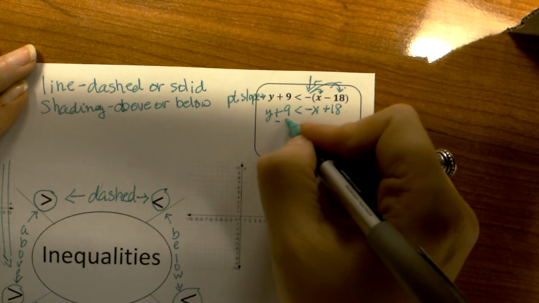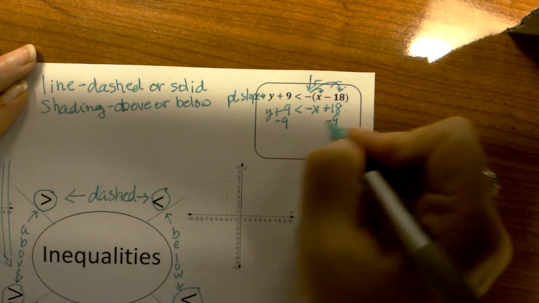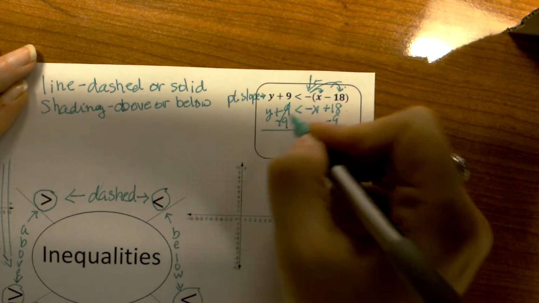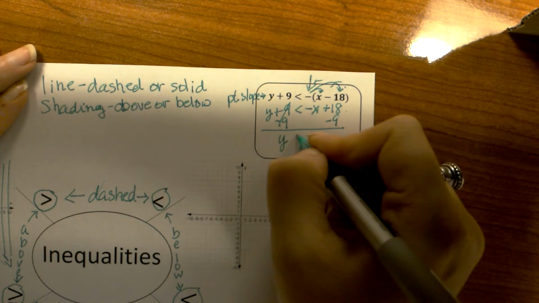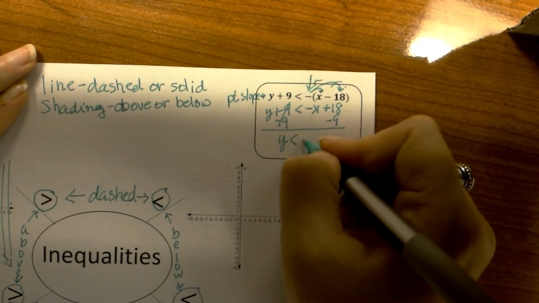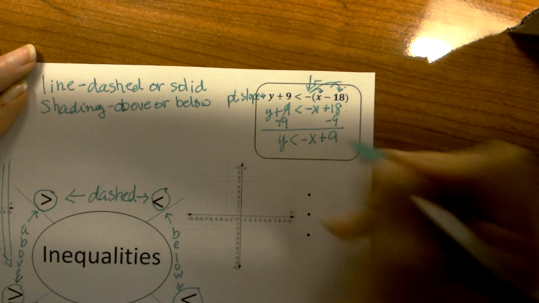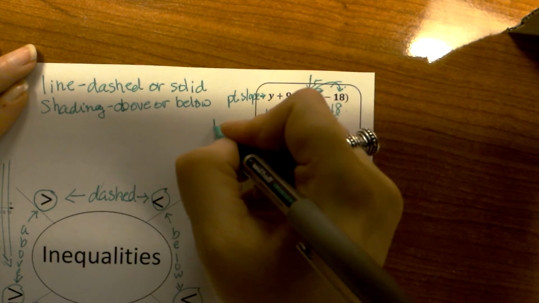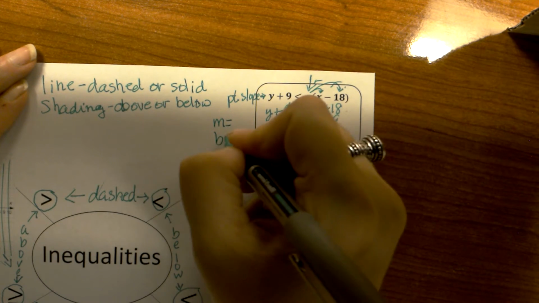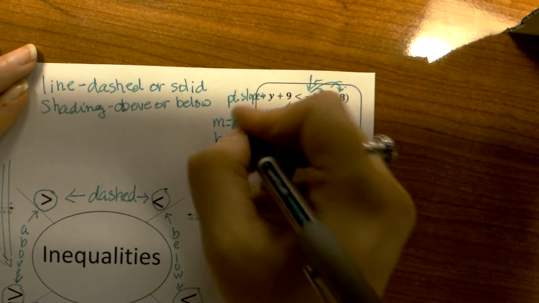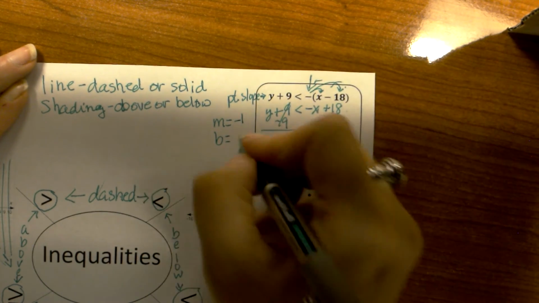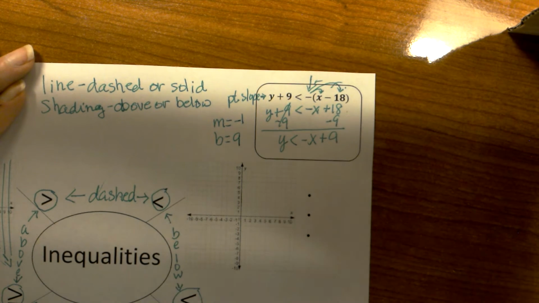Now I have to subtract 9 from both sides, and I have y is less than -x, that comes straight down, and 18 minus 9 is +9.